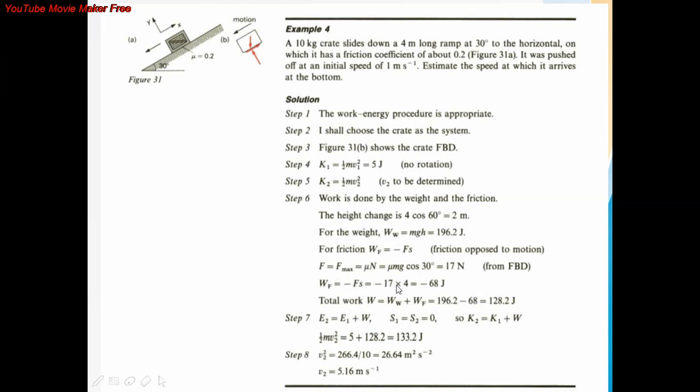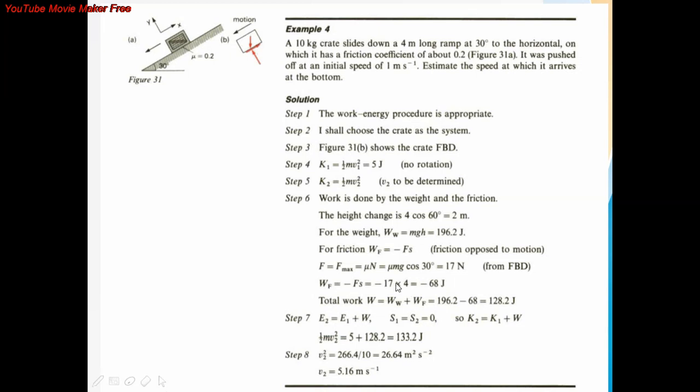The distance is 4 meters, the movement of the crate from this point to this point, so s is 4 meters. When we solve this, we get minus 68 joules.